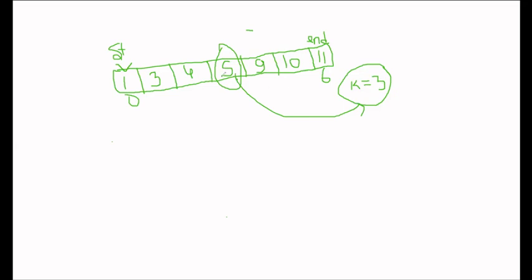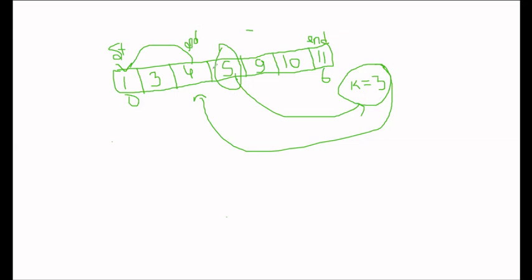So we'll compare whether mid value is lesser than 3 or greater than 3. In this case, mid value is greater than 3. So our target value is lesser than mid value. It means that our value will lie into this array. End will be one less than mid, and start will be this only.